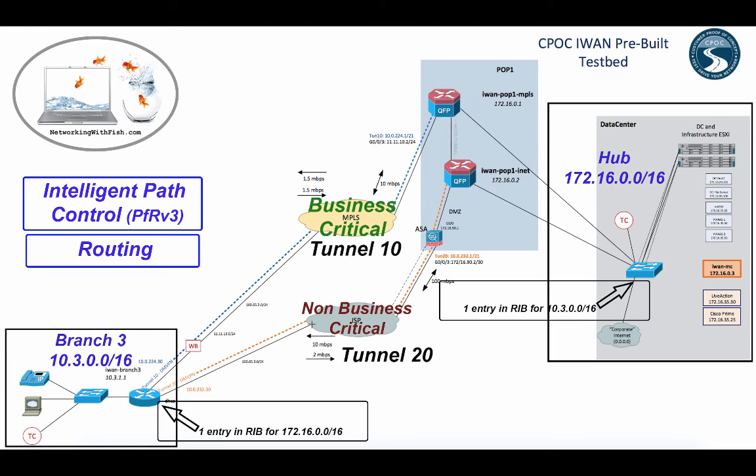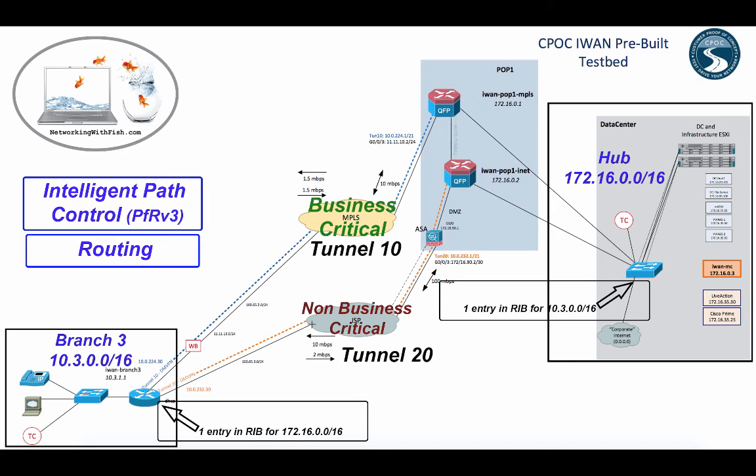If you recall correctly, branch 3 actually did have in its EIGRP topo table that it could get to 172.16.0.0/16 out over tunnel 20. It's just that EIGRP's DUAL only promoted one of them into the rib. But we're making an intelligent decision at the WAN edge by knowing that we have 5% loss on the business critical link.